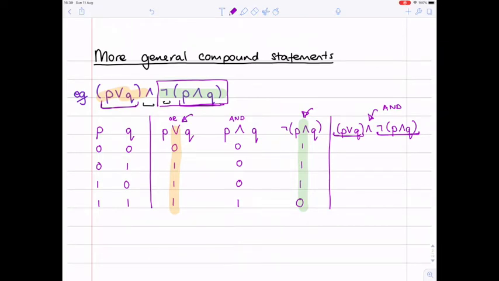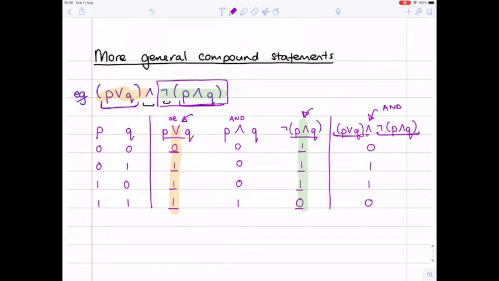If we start when P or Q is false and not P and Q is true, then we have false and true, which when we join with and we know is false. When both are true, then our statement is true. In our third line we have true and true, so combining with and we get true. And then in our final line, P or Q is true, but not P and Q is false, so combining them with and, we get false.